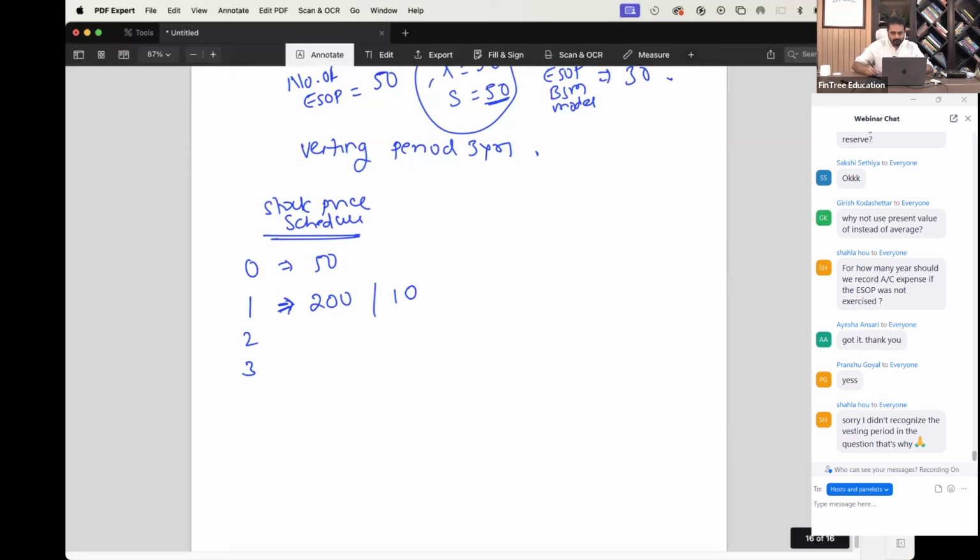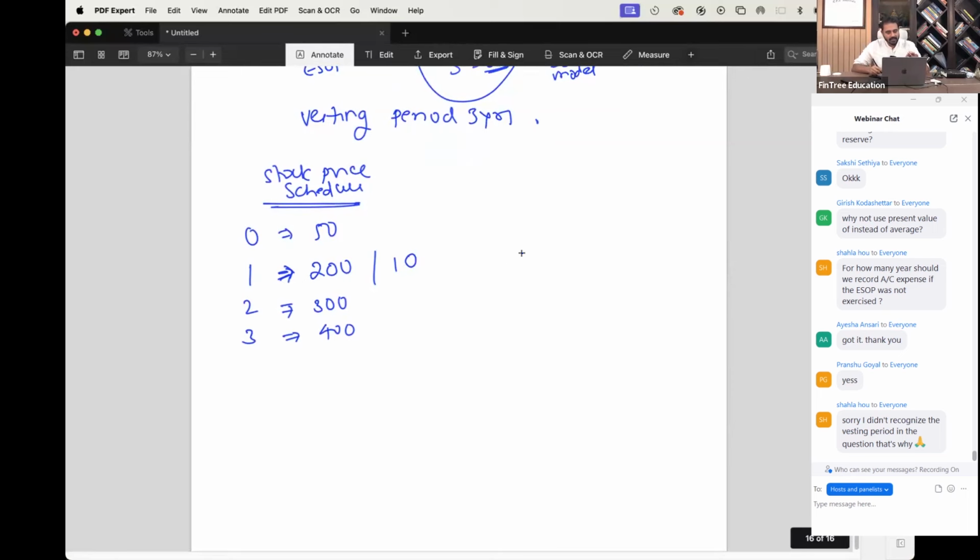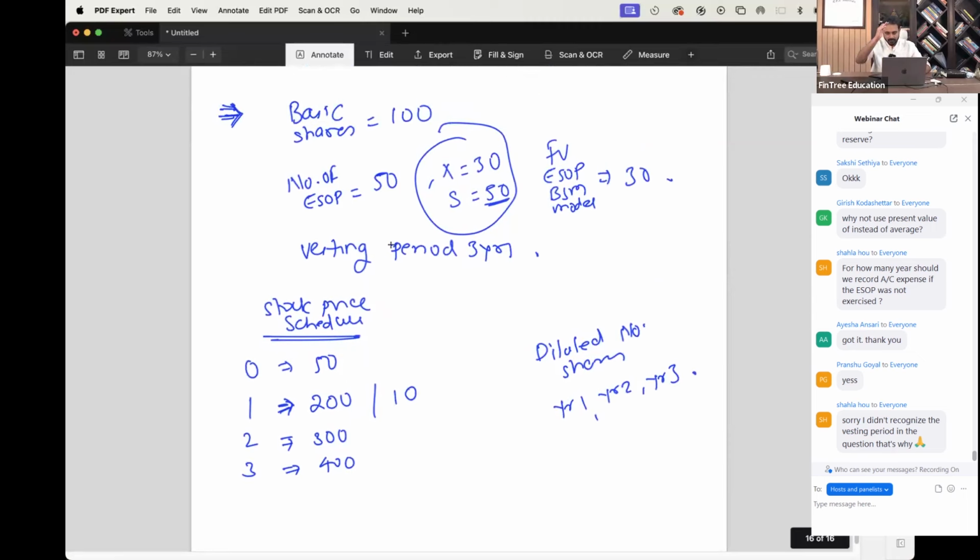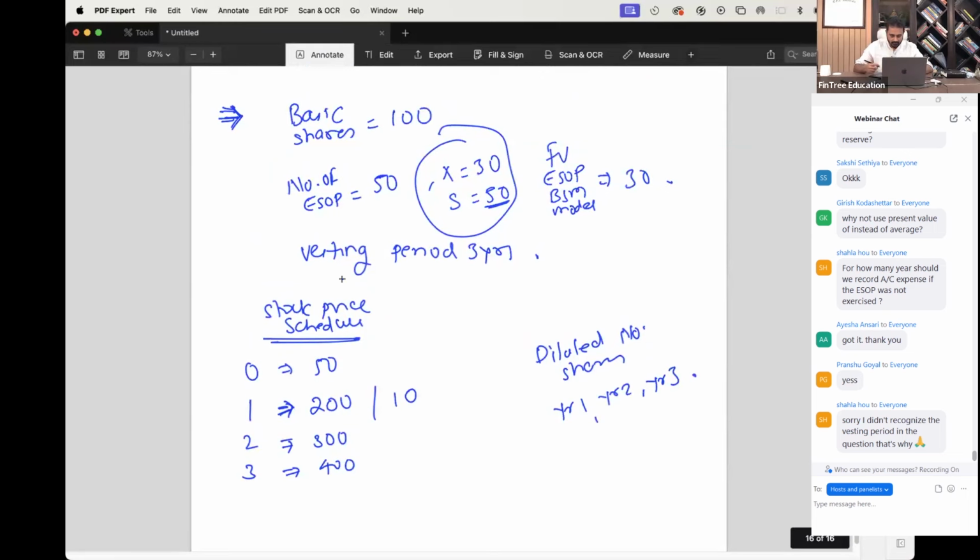In year 2, let's assume the stock price has become 300, and in year 3, 400. What I want you to do is calculate the diluted number of shares for each year: year 1, year 2, year 3. If you want to create a table and do a tabular calculation, that's also okay.